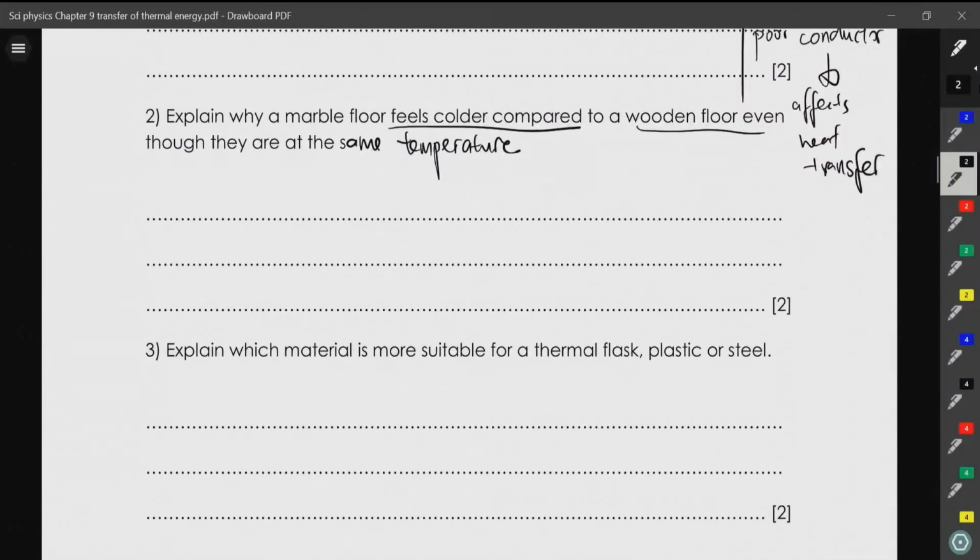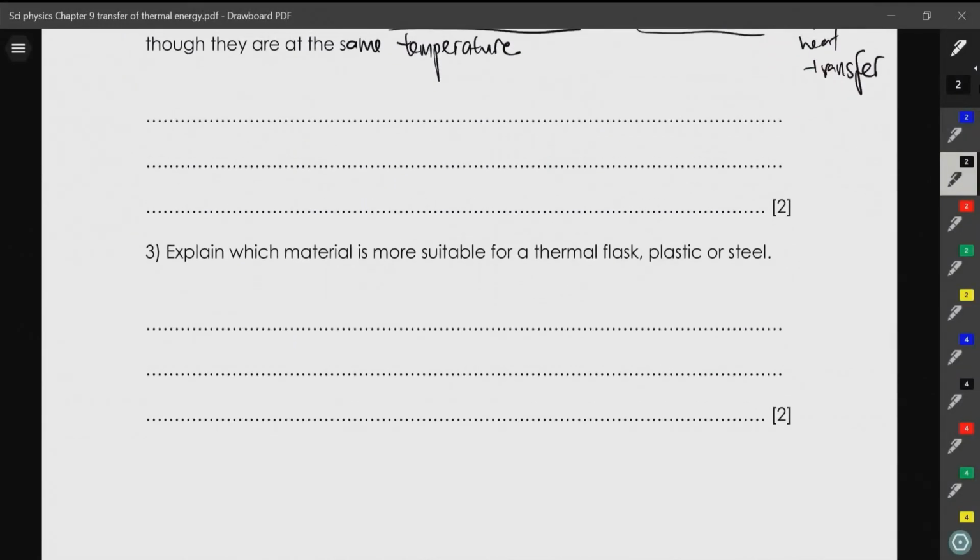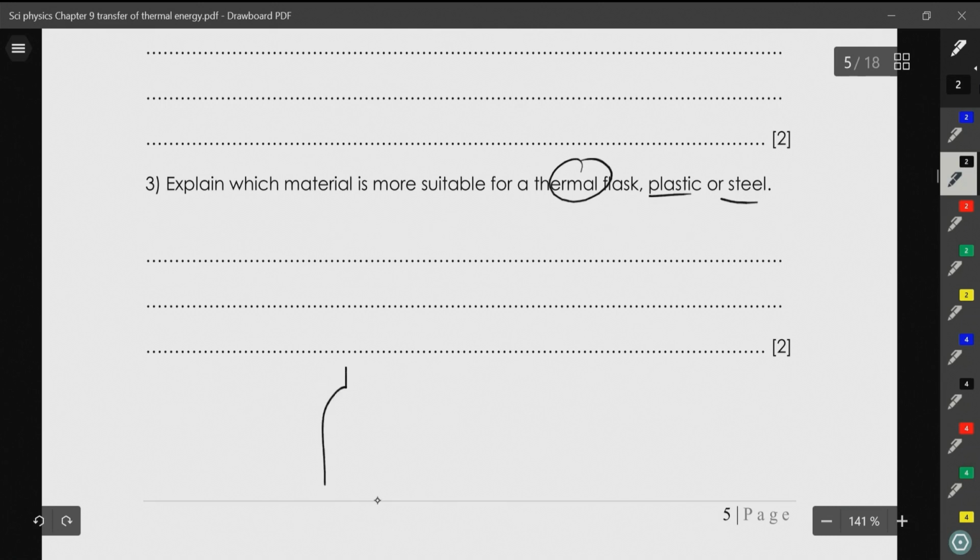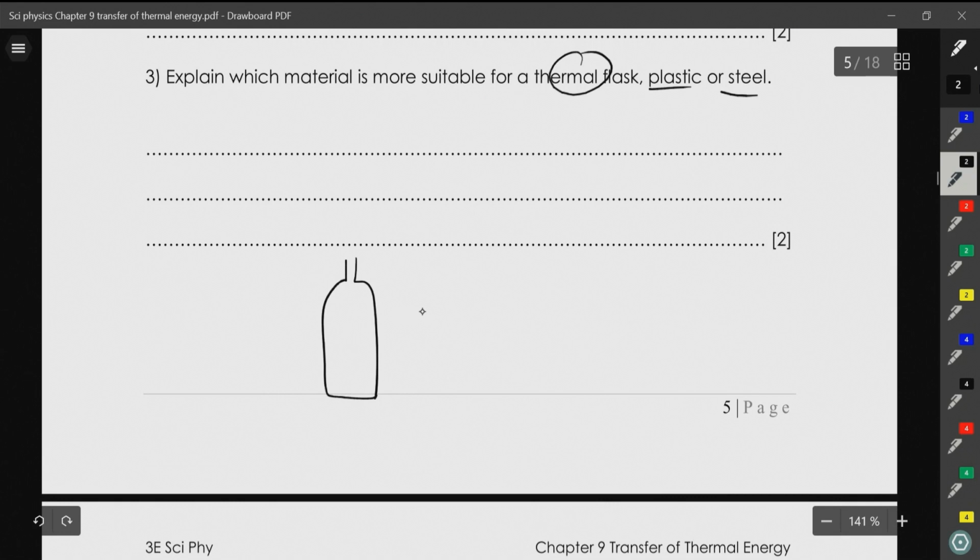Now explain which material is more suitable for a thermal flask, plastic or steel. When you make a thermal flask, what you want is that, be it cold or hot, you don't want the heat to change. Let's say if it's cold, so blue signifies cold.